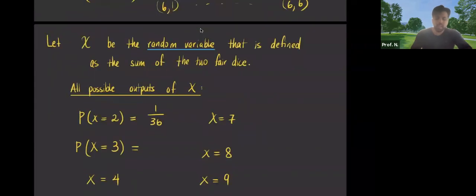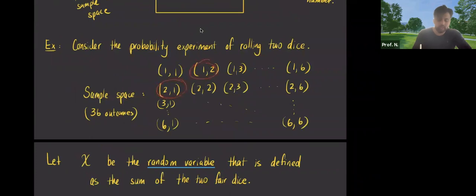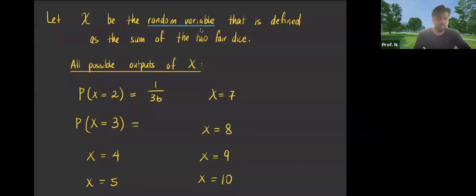So the moment I say, hey, I care about the sum of the 2 fair dice, then the next question is, what are the different sums for the 2 fair dice? Well, the sum can equal 2 because 1, 1 equals 2. The sum can equal 3 because why? We have 2, 1 and 1, 2. So these 2 outcomes become part of the random variable when it equals 3.